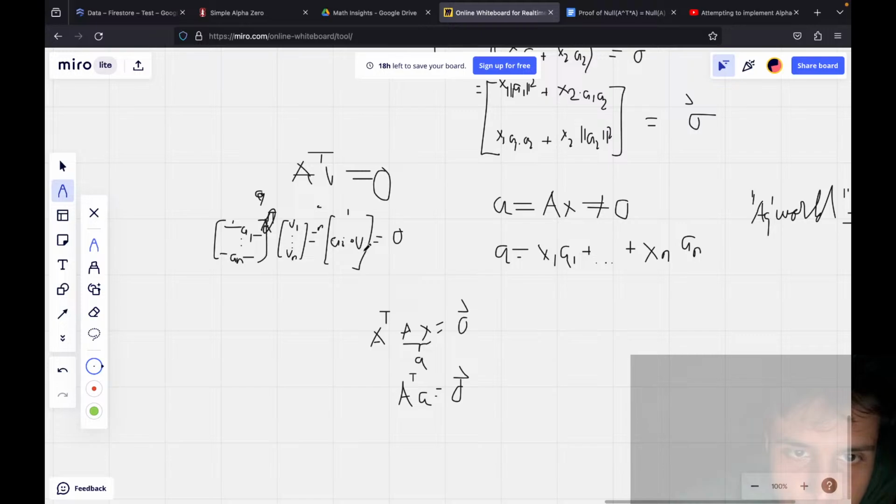So what that means is v is orthogonal to all the a_i.